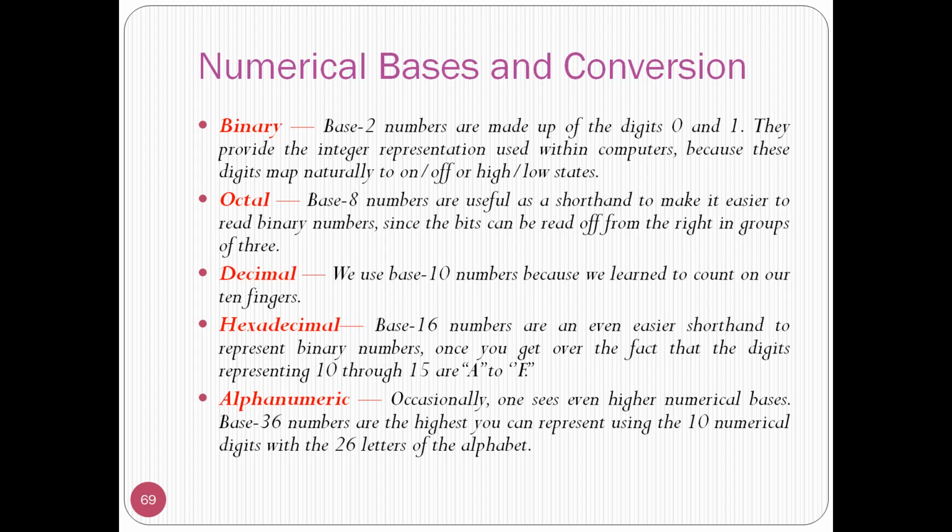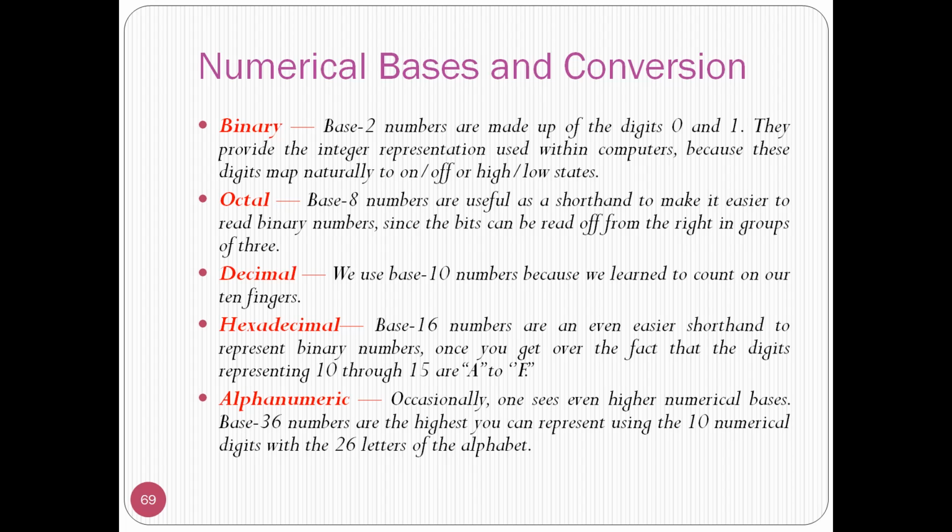That means it is the combination of digits and alphabets: the numbers 0 to 9, and the letters A to Z, which is 26 letters. The combination of these is represented in alphanumeric values, where the base is 36.